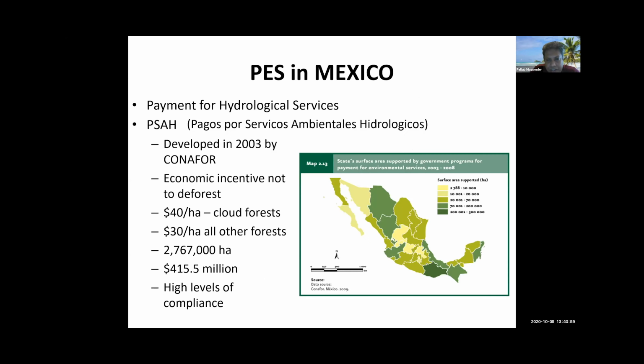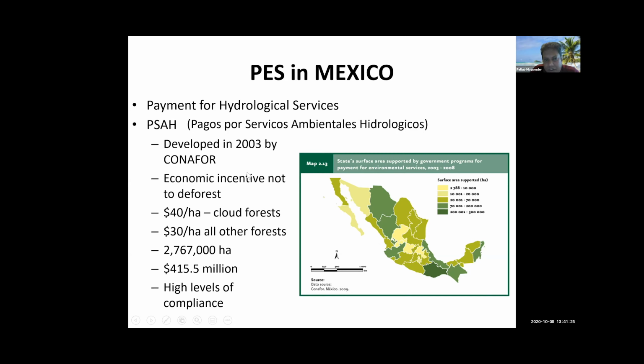implementing this program. So as you can see, these are the maps for payment for hydrological services. They have 2 different categories. They get $40 per hectare for cloud forest. These are high elevation forest, and then $30 per hectare for all other forest. This is a little bit dated information, but now more than $500 million has been disbursed through these programs.